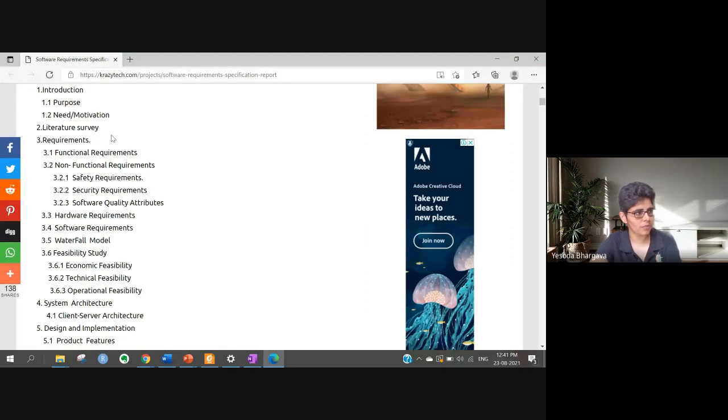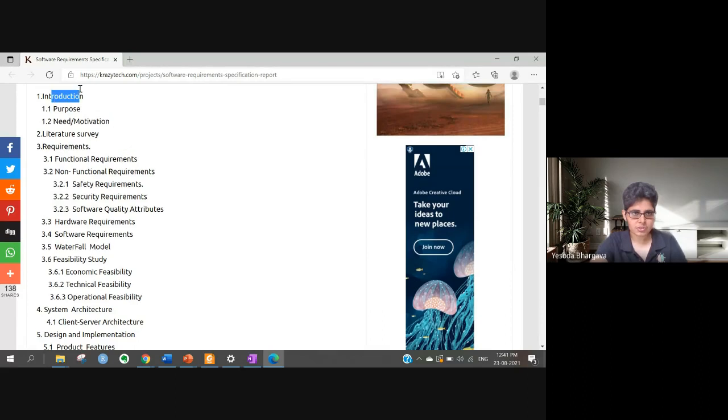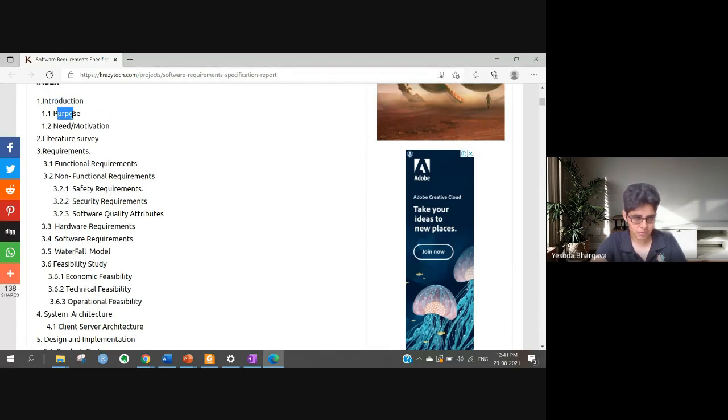So the author of this SRS has divided his or her SRS into these parts. There is an introduction in which they talk about the purpose for which they are designing and the motivation behind it. Literature survey you may not need to include. Basically, it forms part in research, but in this context, it will talk about why the software is necessary given the existing softwares in the market and whether or not they are able to tackle the problem.